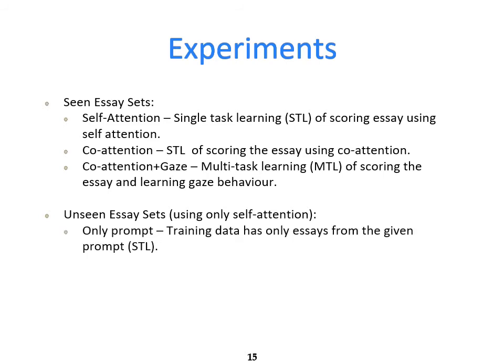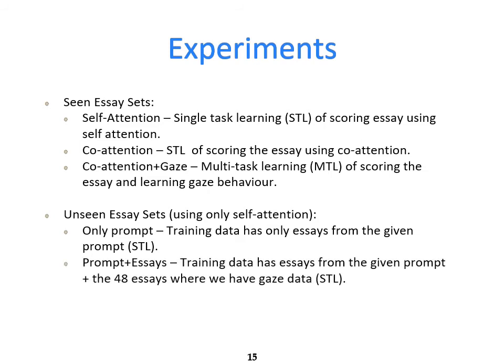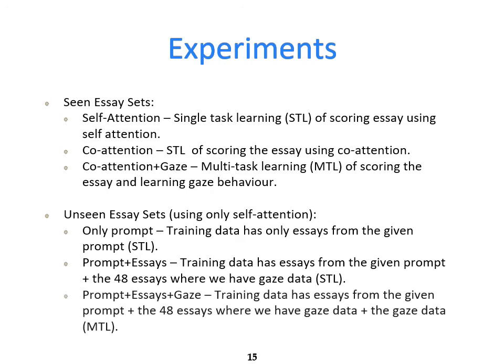Similarly, for the unseen essay sets, we use only self attention because there are no corresponding source articles in them. The first is the only prompt system where the training data only contains essays from the given prompt. The second is the promptless essay system, where it contains the data from the given prompt plus the 48 essays where we have gaze data.